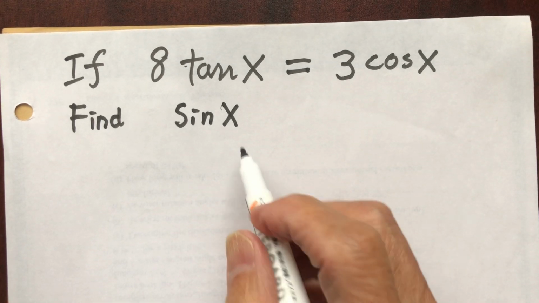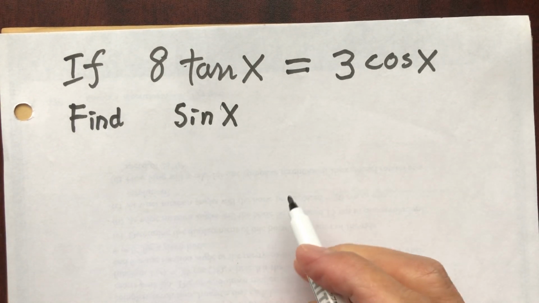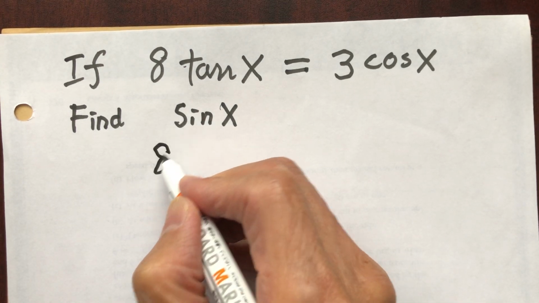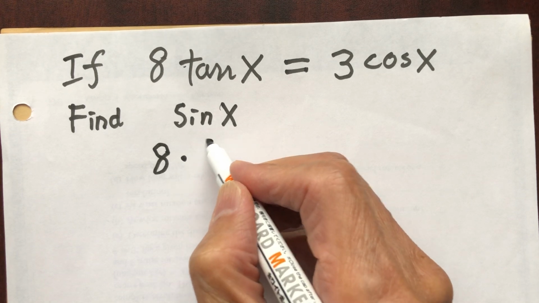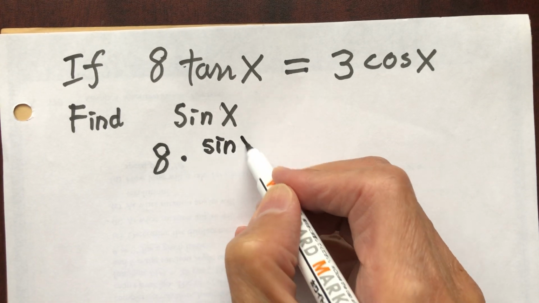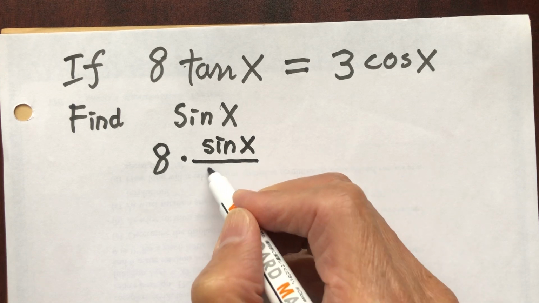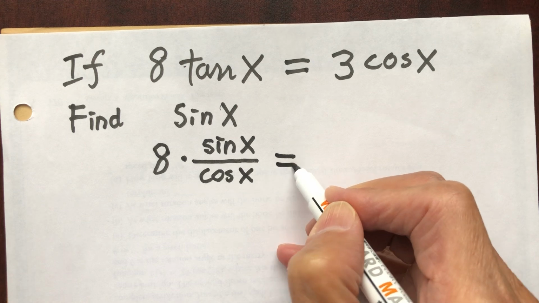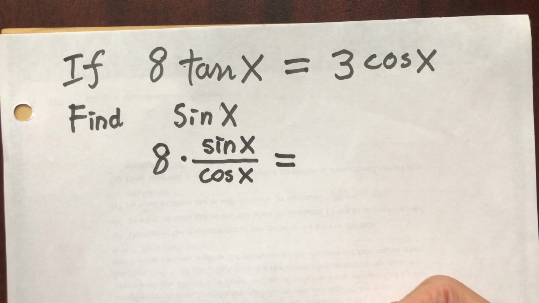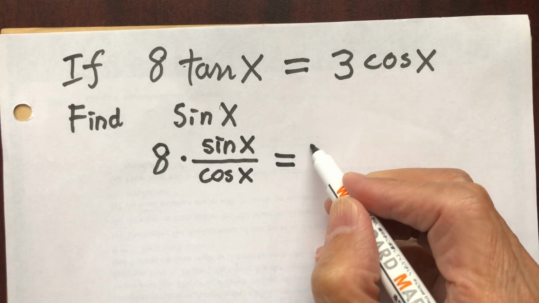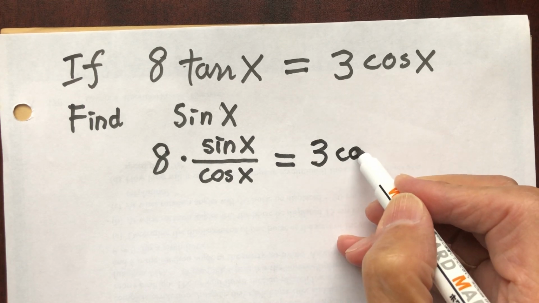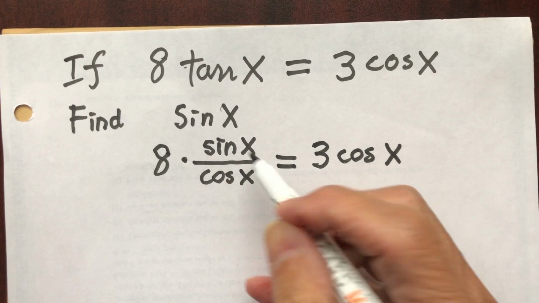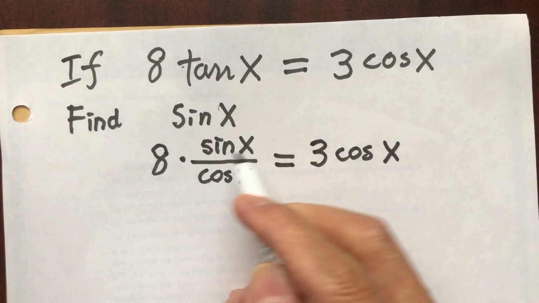Okay. Let's change tangent to sine over cosine. So tangent is sine over cosine. This is equal to 3 cosine x. So this step is just to change tangent into sine over cosine.